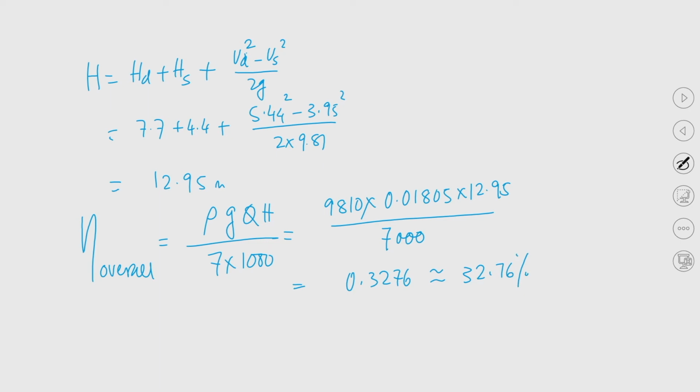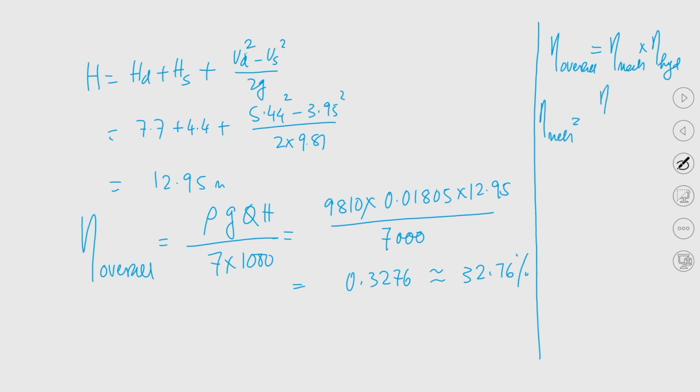Okay. If we have the overall efficiency, then we can easily calculate the mechanical efficiency. We have also learned that eta overall is eta mechanical into eta hydraulic. So, what will be eta mechanical? It will be eta overall divided by eta hydraulic.